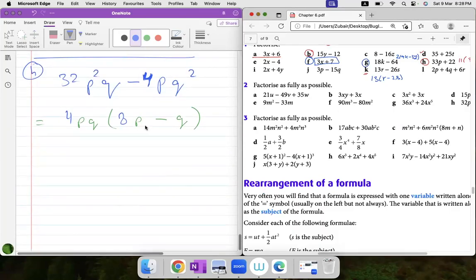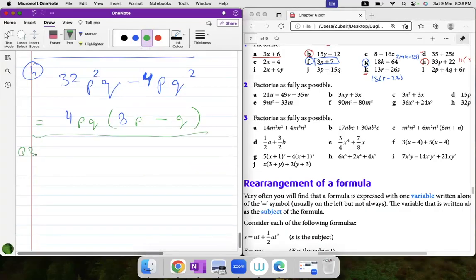Let's look at some questions from question 3. 3a. 14 m square n square plus 4 m cube n cube. Can you guide me through? I can first do the variables, so I can put m squared and n squared outside the brackets.